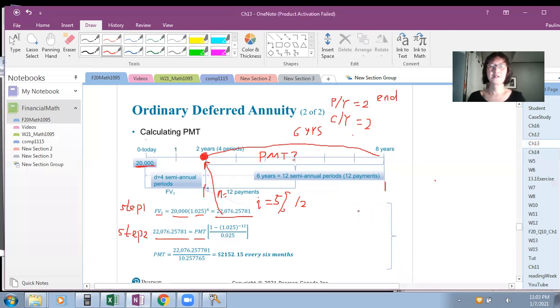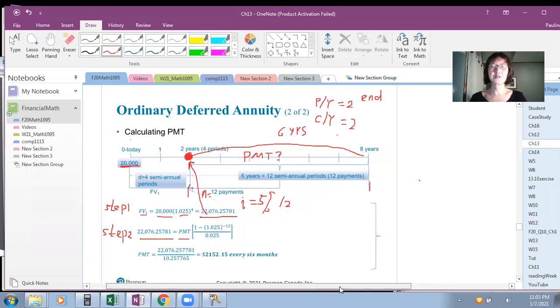All right. So let's look at other examples involving how to calculate term N for deferred annuities, how to calculate interest. Okay.